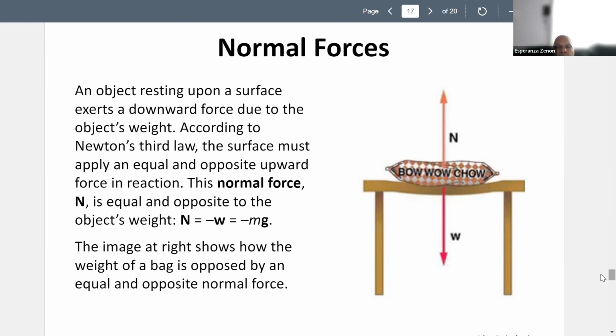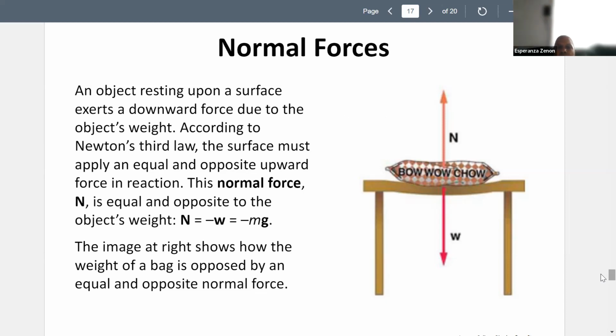If the table does not exert a normal force upward on the bag, then it will simply fall through the table. It's like walking on a floor that has old floorboards, and you fall through. Why? Because the floorboard is not able to exert a normal force equal to your weight.